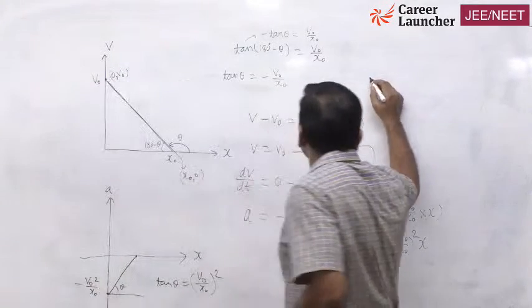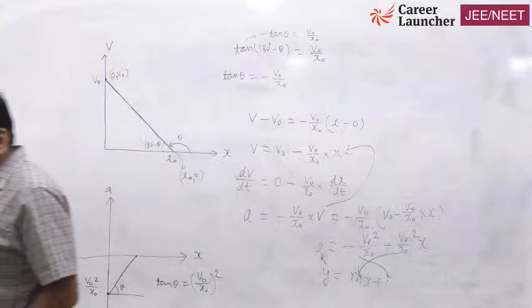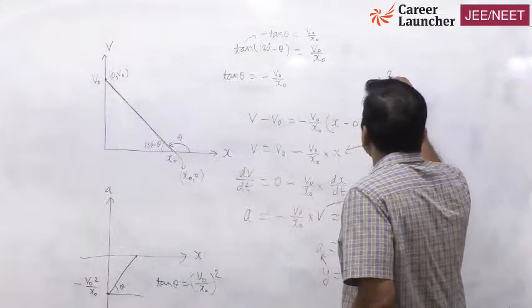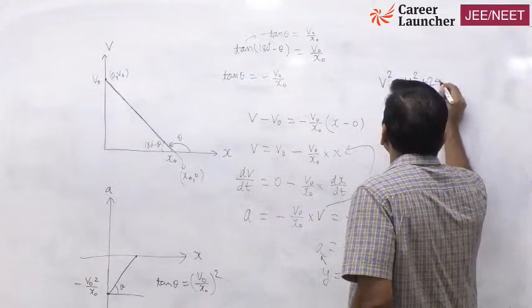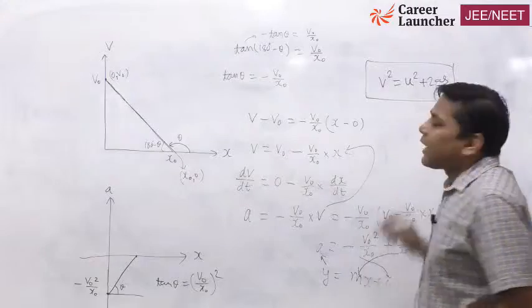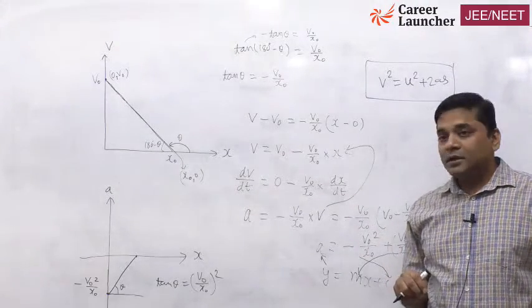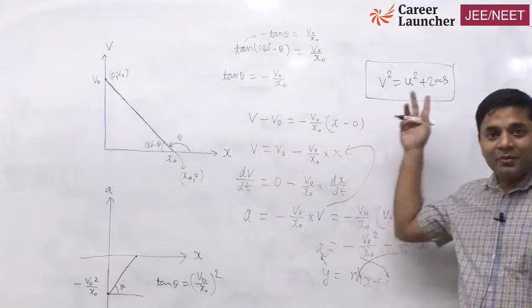There is a very good question that Aditya Nambiar is asking: Sir, can't we directly use v square equal to u square plus 2as? I will answer this question, Aditya, but before that, I request all your friends to think about it.